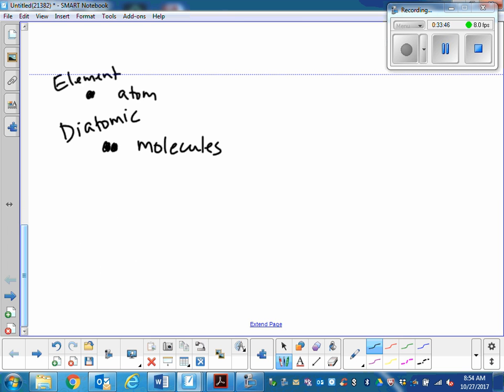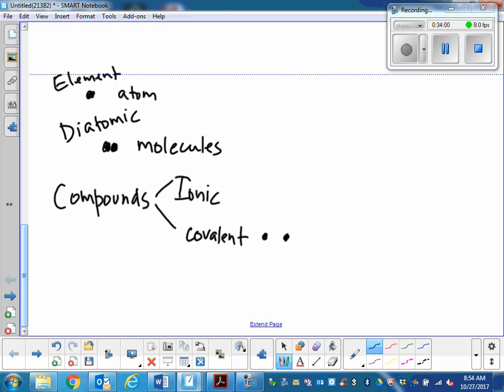Or if you have compounds, compounds can be of two kinds. They can be ionic or they can be covalent. Now Mickey Mouse is a water, what?